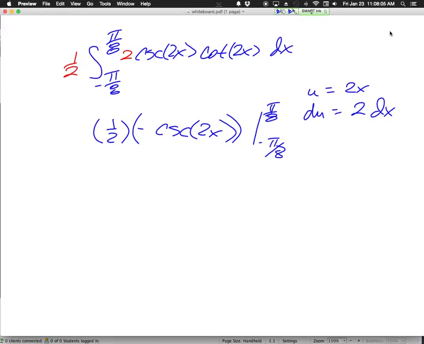Can you just change it from pi over 4? So now I'm going to have a negative 1/2 out front. I plug in the pi over 8, which makes it cosecant of pi over 4 minus cosecant of negative pi over 4. So now you see why the pi over 8.